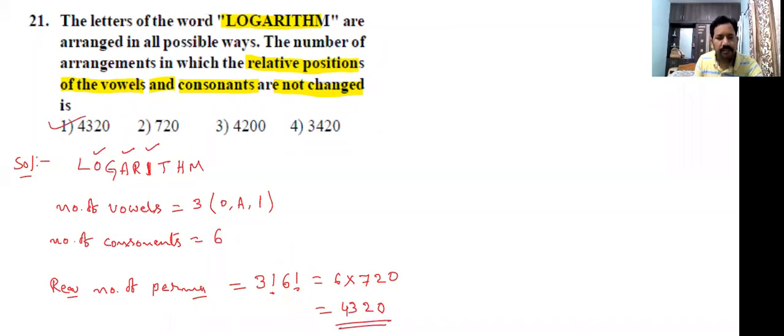This is the answer. So the relative positions of vowels and consonants are not changed. In the given word, wherever there are vowels, the vowels can be interchanged in their own places only. That is the meaning of relative positions. Same for consonants also. Students, did you understand? 3 factorial into 6 factorial.